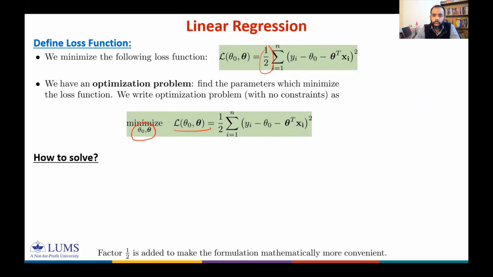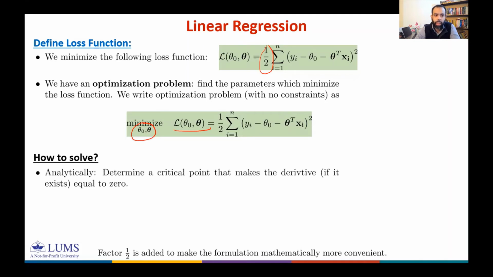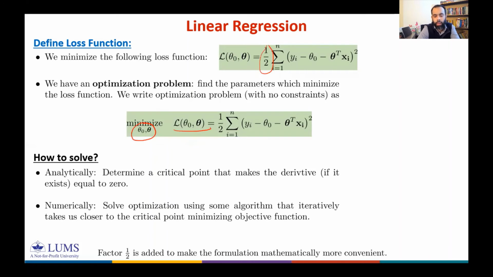We can solve it analytically. We can determine theta naught and theta for which the derivative is exactly equal to 0, where the derivative vanishes. Or we can solve it numerically. In fact, for this loss function, we have an analytical solution as well.